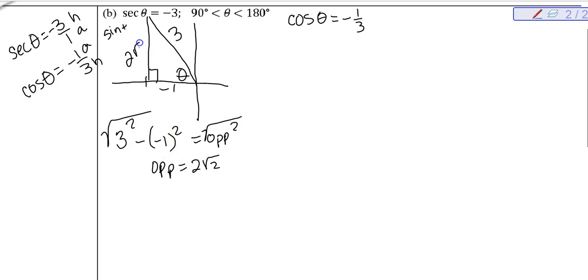Which allows us then to find the sine of theta, opposite 2 square root of 2 over hypotenuse 3, and the tangent of theta, which is opposite over adjacent. So 2 square root of 2 over negative 1, which is just negative 2 square root of 2. True?